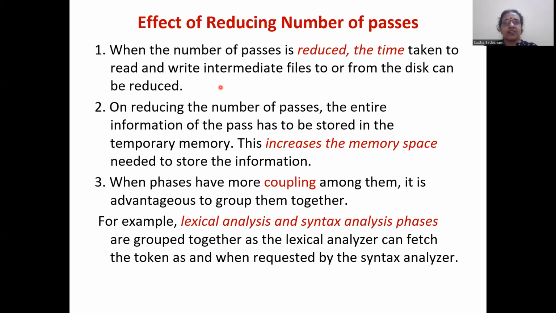But the amount of RAM space required to store the intermediate results increases, because all the information for a single pass is only stored in the RAM. So if the number of passes is reduced, the size of the RAM space required increases.